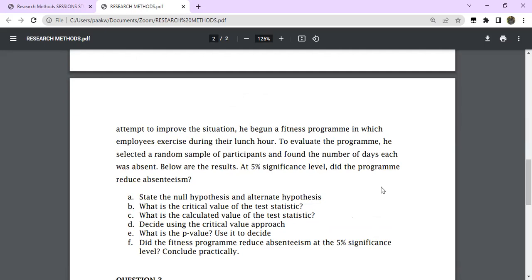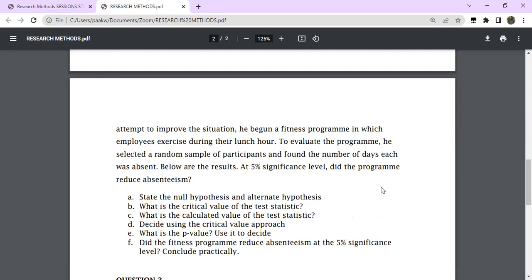To evaluate the program, he selected a random sample of participants and found the number of days each was absent. Below are the results. At 5% significance level, did the program reduce absenteeism?